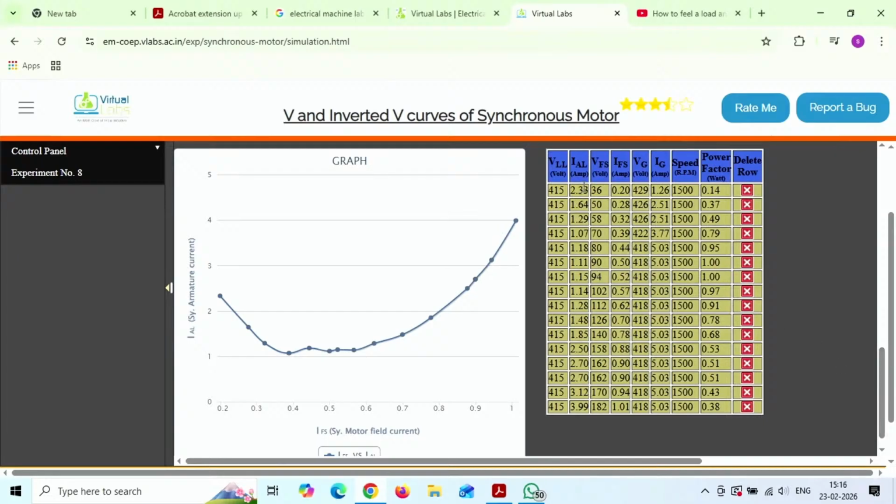Observe the field current and armature current, and the power factor also. Power factor is lagging, next unity. From here to here, what is this region? Lagging load. Again, lagging or leading? This is a synchronous motor. Again, from here to here, it is decreasing.